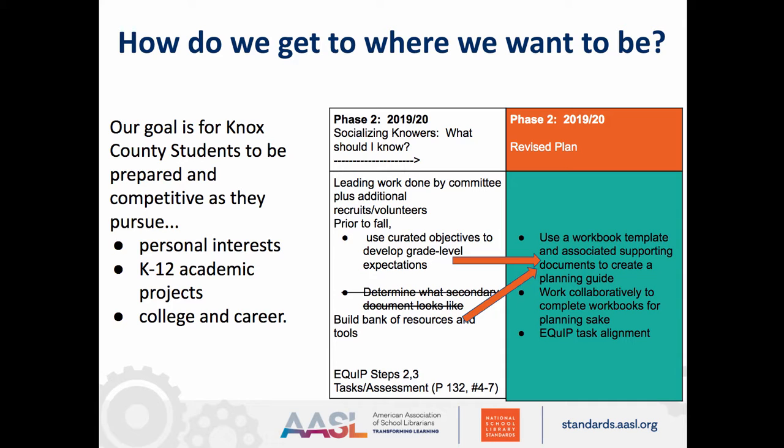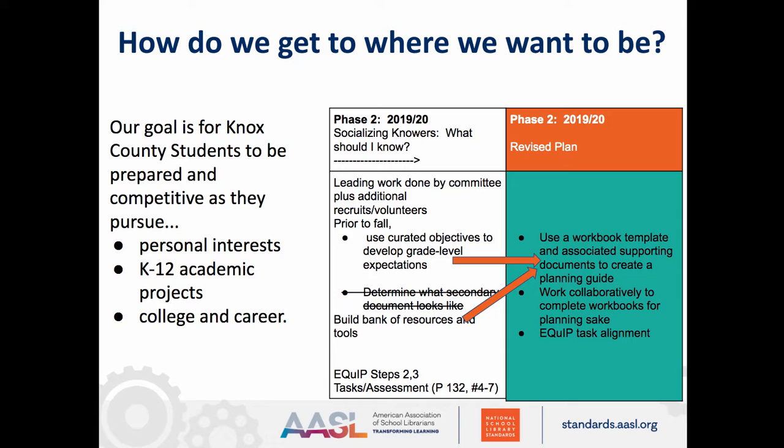If you were around in the 18-19 school year, you saw some tentative plans for how we were going to move through the 3-year phases of the standards rollout. But as we've been working through these, we've seen the need to shift a little bit.